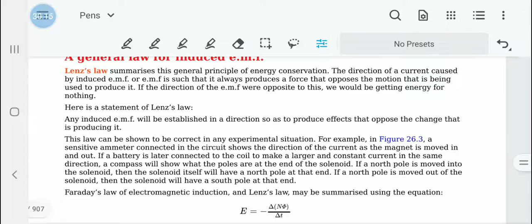We will observe that there would be poles at the ends of the solenoid. If the north pole of the magnet is moved into the solenoid, that end of the solenoid will become a north pole. If the north pole is moved out, then to oppose that, that end of the solenoid will become a south pole.